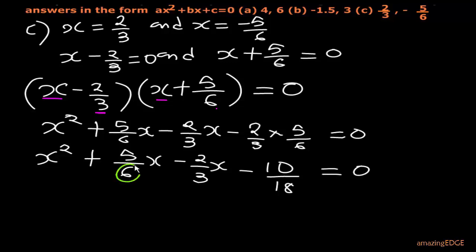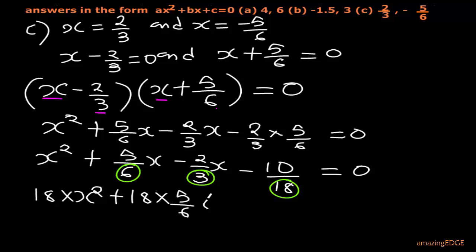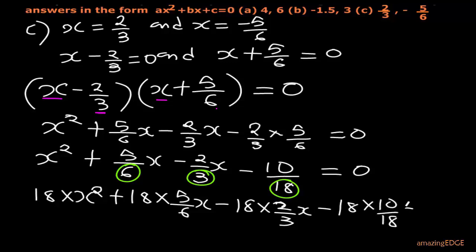So we look out for the LCM. You have the denominators to be 6, 3, 18. If you look for the LCM of 6, 3, and 18, you will agree with me that it will give you 18. So you multiply through by the LCM in order to remove the fractions. If you do that, you have 18 times x squared plus 18 times 5 over 6x minus 18 times 2 over 3x minus 18 times 10 over 18 is equal to 18 times 0.